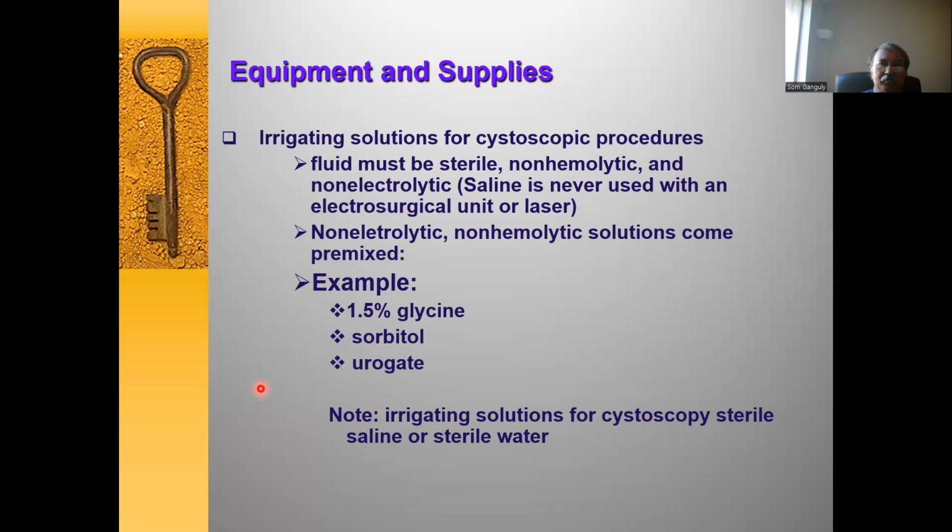Irrigating solutions that are sterile are hung by the nurse, or can be pressurized in an equipment. So depending on what the surgeon needs, the surgeon may want the bags hung on the IV pole. That's fine. They may want it pressurized with a pressurized equipment.